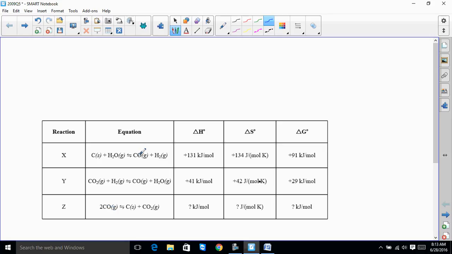We are not going to use the CO right away, because this reaction has a CO in it, and this reaction has a CO in it, or carbon monoxide if you prefer. And I always tell you, if you have a reactant or a product that's in more than one equation, shy away from it. Just let it come along for the ride, so to speak. All right, so I'm going to leave this alone for now. Hopefully it'll all come out in the wash.